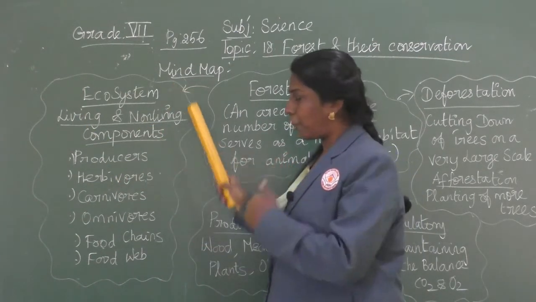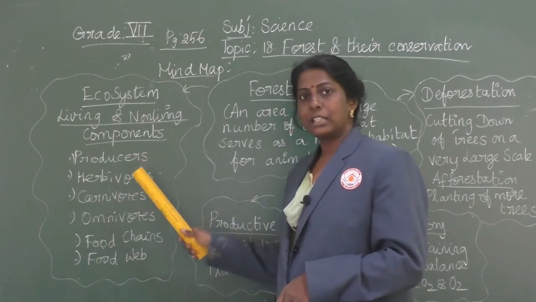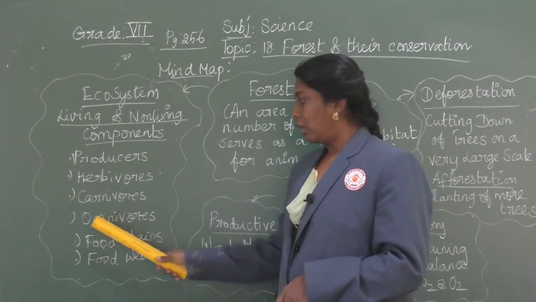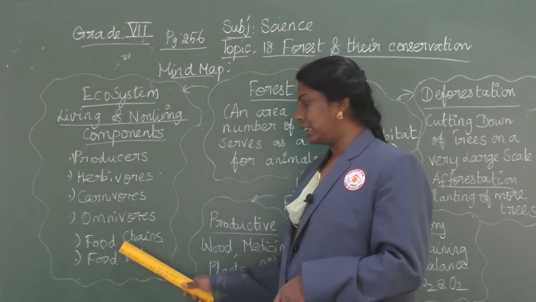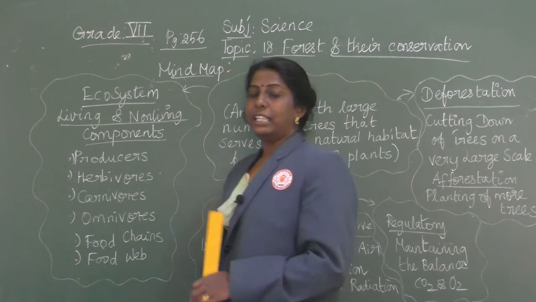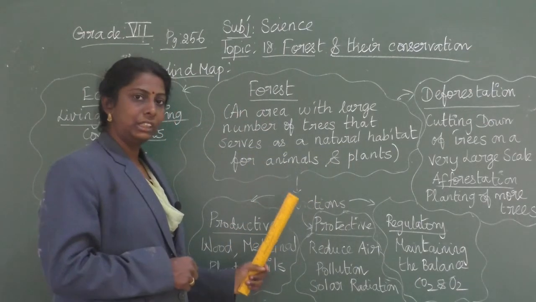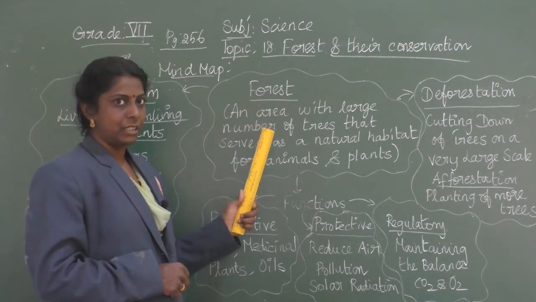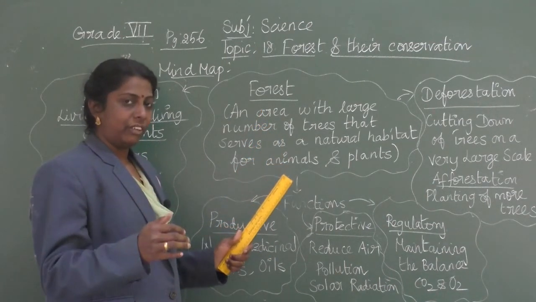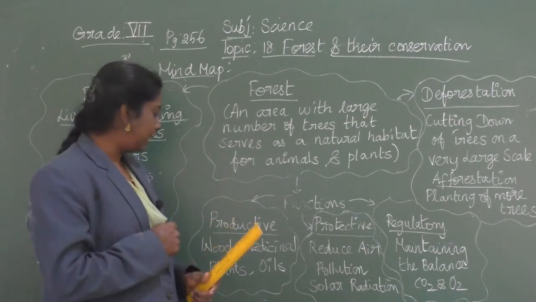So under this topic we are going to learn about producers, herbivores, carnivores, omnivores, food chains, food web. Okay. Then the next part of this chapter is about functions of forest. It is categorized into three main functions. What are they?